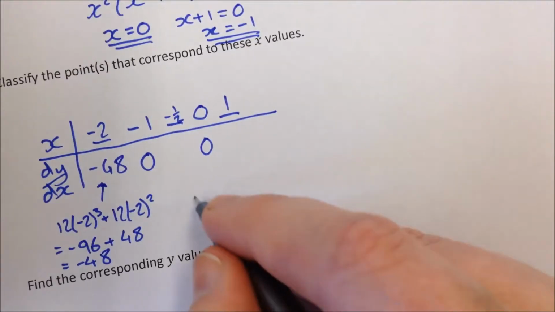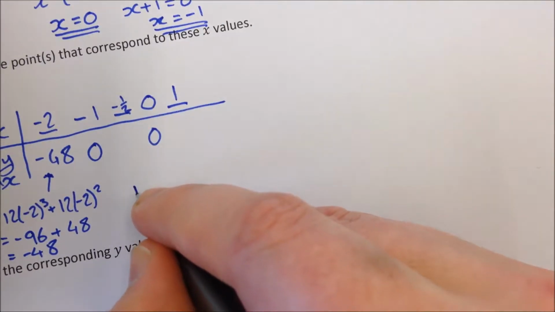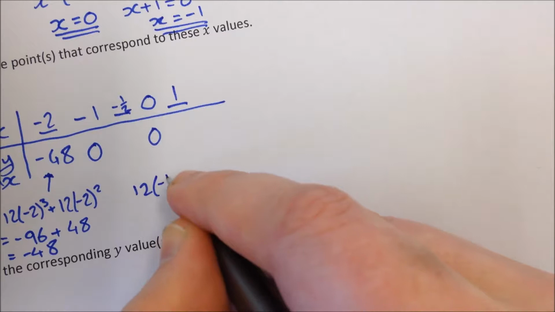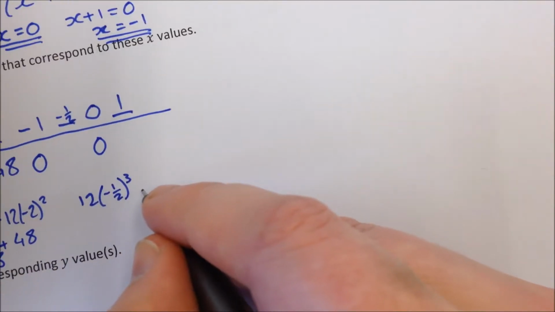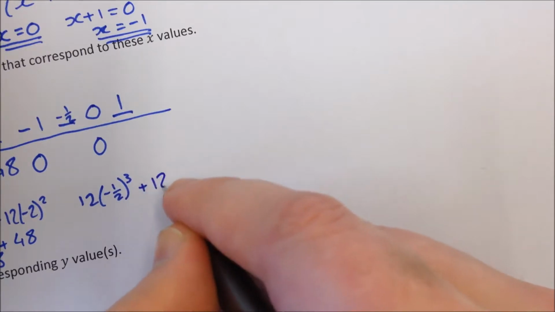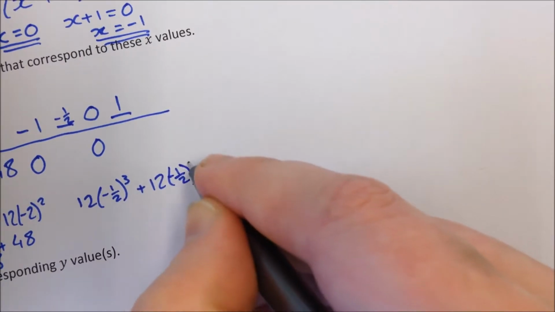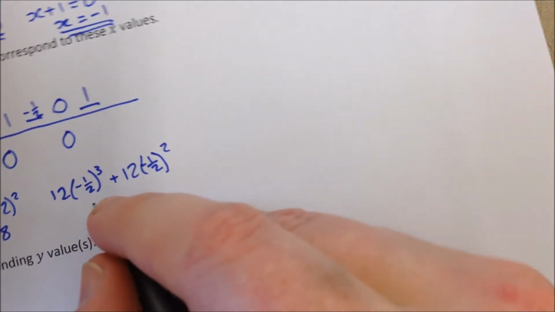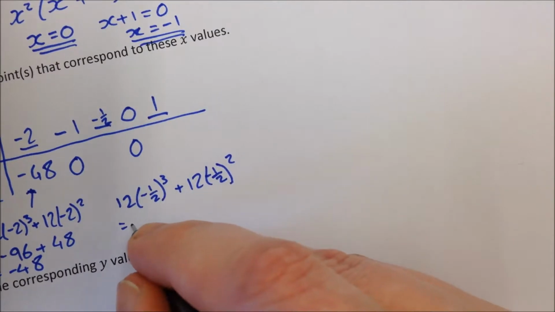Right, negative 1/2. Now you might like to just put this into a calculator, but you can do it without. So it's negative 1/2 squared. Negative 1/2 cubed is negative 1/8.